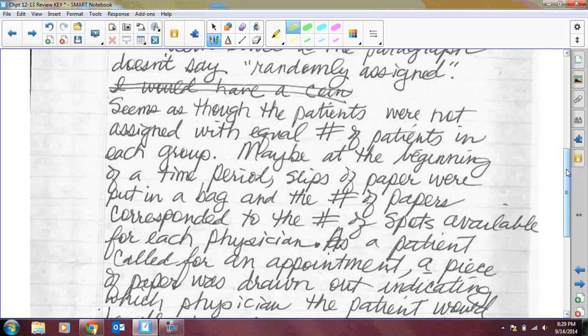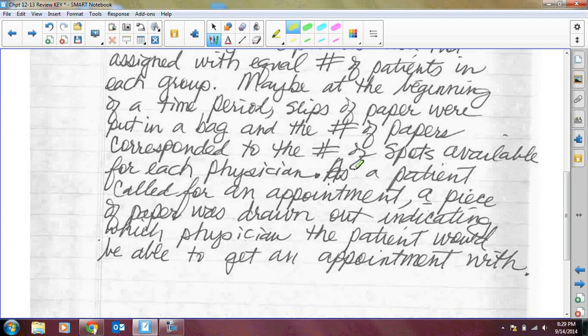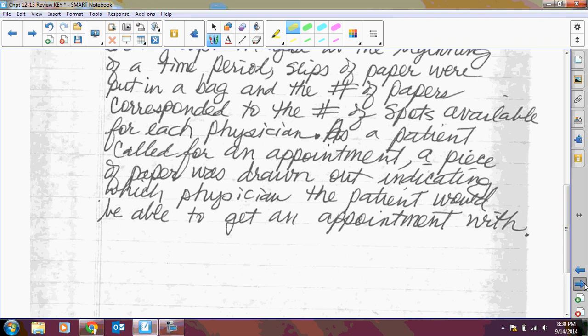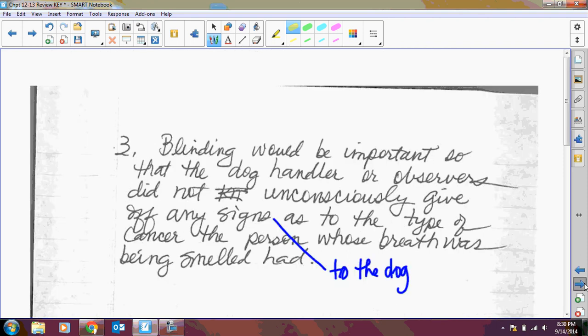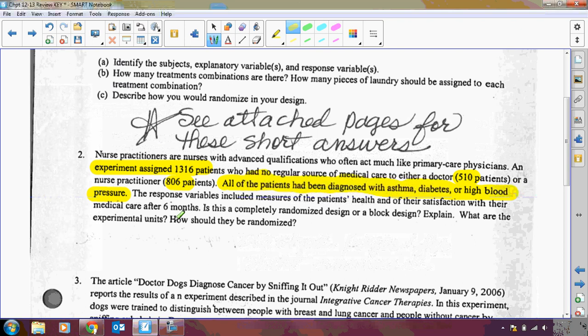Because if the doctor had surgeries or did not have any more available spots, and so on. So as a patient called for an appointment, then a piece of paper would be drawn out indicating which physician the patient would be able to get an appointment with. So that's one of the ways that you could do that random assignment to the treatment. How should they be randomized?